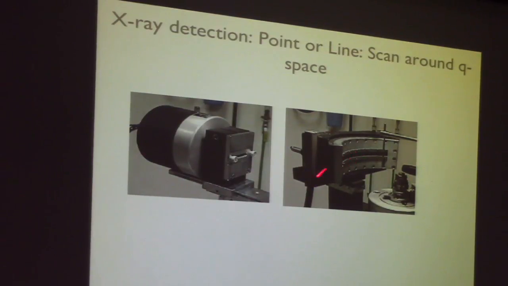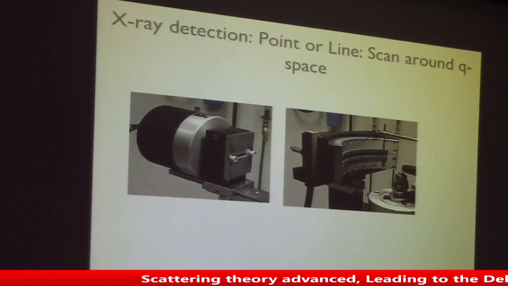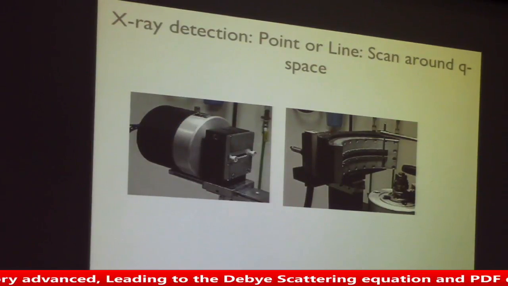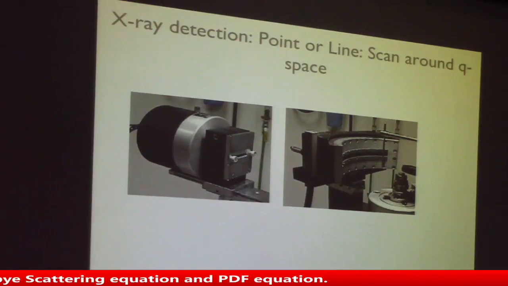Because you have this very high voltage wire inside, the ionized gas will be either attracted or repelled from it. If attracted, they come to it, and you get a pulse of current, which you put through pulse shaping electronics, which also has an amplification step.